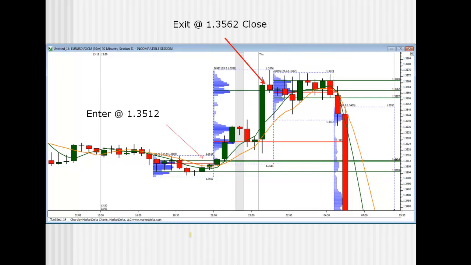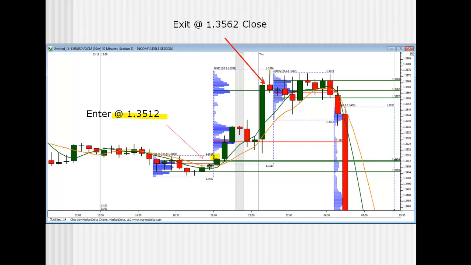All right, so using my moving averages then, if in fact I would have entered right here, when prices were above the value area high, and used my general rule that an opportunity occurs when price deviates away from value, I would have had an entry at 1.3512, and I could have stayed in this trade all the way up to this point.